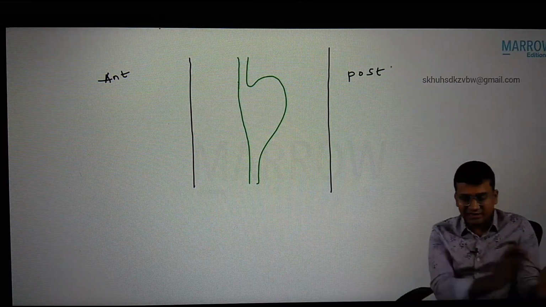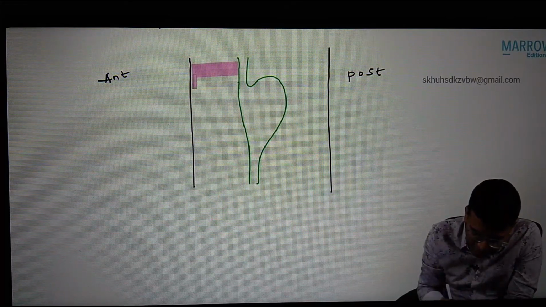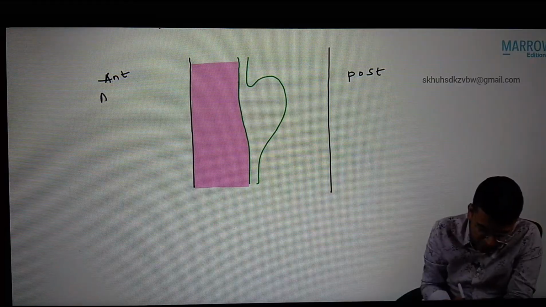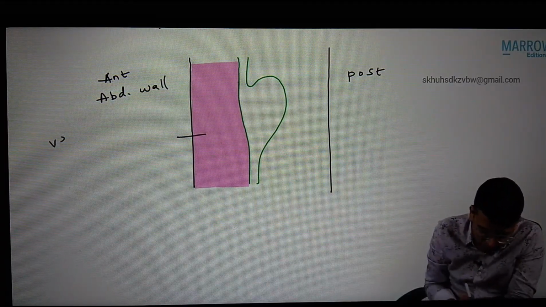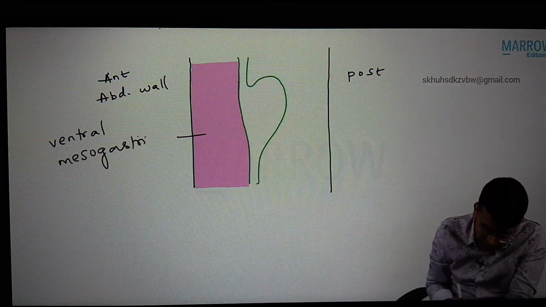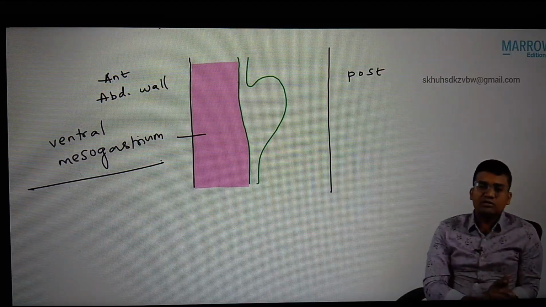Now the stomach is connected to the front side, anterior side, by ventral mesogastrium. So this is anterior abdominal wall, and this is our ventral mesogastrium. It is connecting the stomach to the anterior abdominal wall.